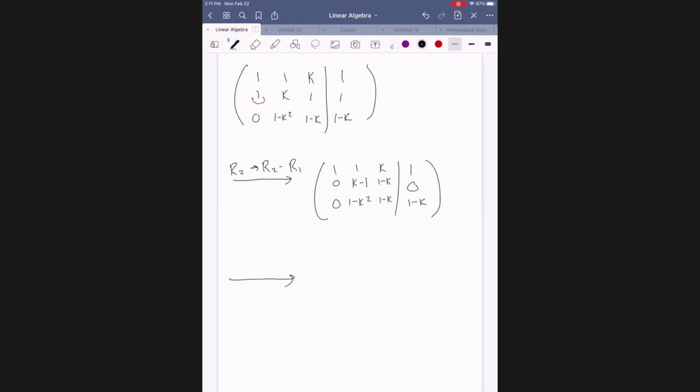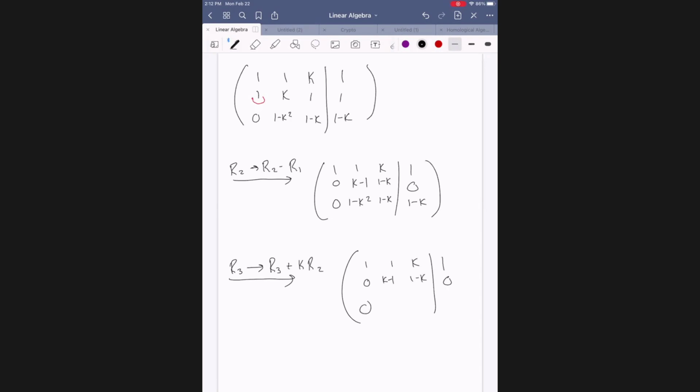So let's do row 3. Replace that by, so if I add it, yeah, so row 2 plus k row 1, row 2, sorry, it should be row 3. And this is 2. Okay, perfect. So 1, 1, k, 1, 0, k minus 1, 1 minus k, 0, 0.